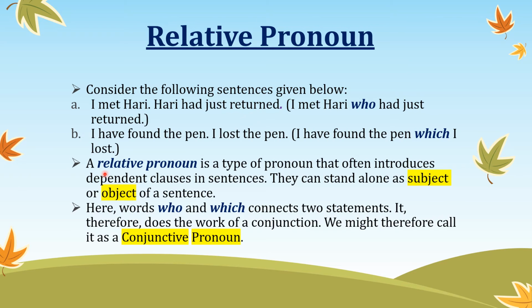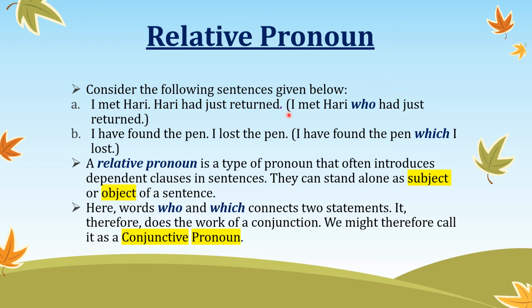Now again a definition. A relative pronoun is a type of pronoun that often introduces dependent clauses in sentences. They can stand alone as the subject or object of a sentence. As I said, the pen and Hari are all on their own; they are independent. They are not dependent on anything. But I am adding another sentence along with the conjunction, which is dependent on the main sentence. So I can find the clauses which we have learned in our earlier videos.